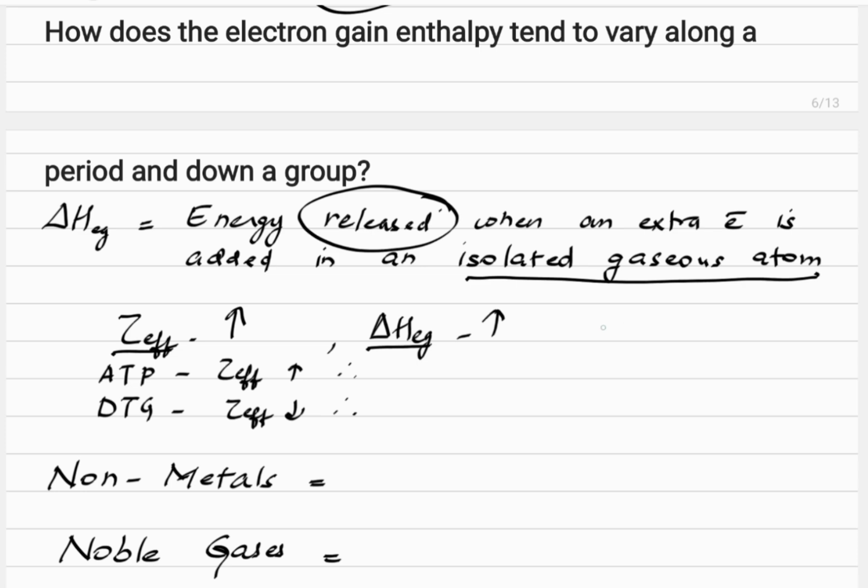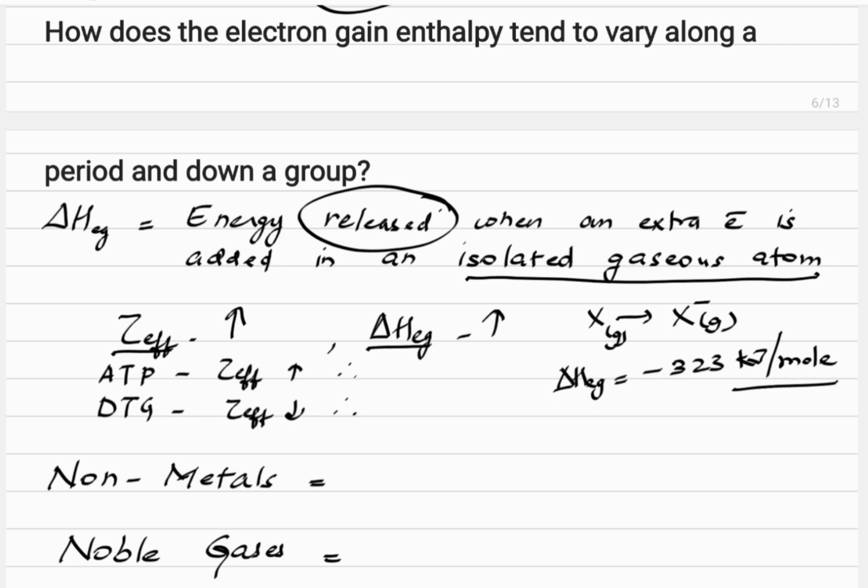So if, let's say, when the extra electron was added to make it an anion, going from X to X negative, the energy released was 323 kilojoules per mole, this is also measured in kilojoules per mole, then we will show it with a negative sign because the energy was released. So electron gain enthalpy would be written as minus 323 kilojoules per mole.